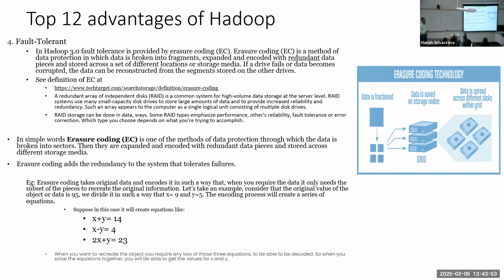I'm not storing the data. I am splitting the data, adding parity over it using a formula, and then storing the parity-encoded data inside the disk. This particular mechanism in Hadoop is called erasure encoding, for fault tolerance.